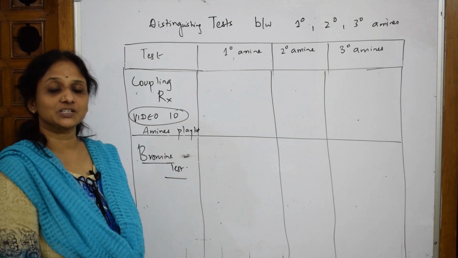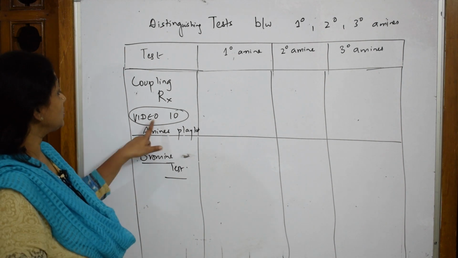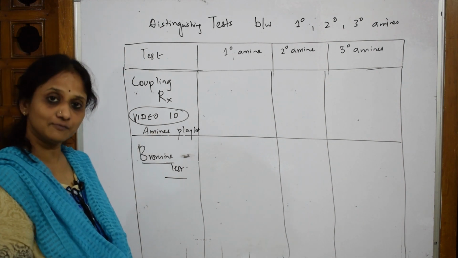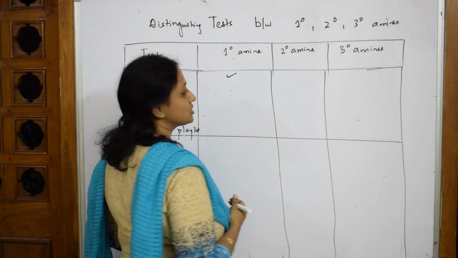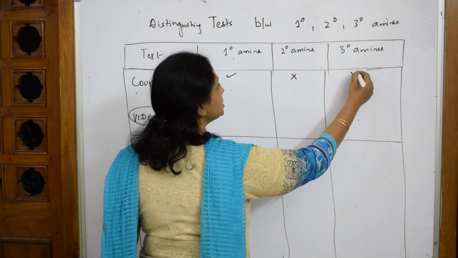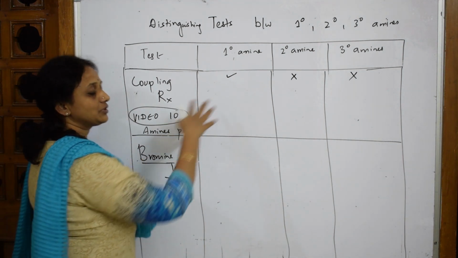Now the coupling reaction. This is one more very important reaction, which I already explained in video number 10. Watch that in the amines playlist. So primary amines respond to the coupling reaction, secondary amines do not, tertiary amines also do not. Done. So what do you get after you write the reaction?